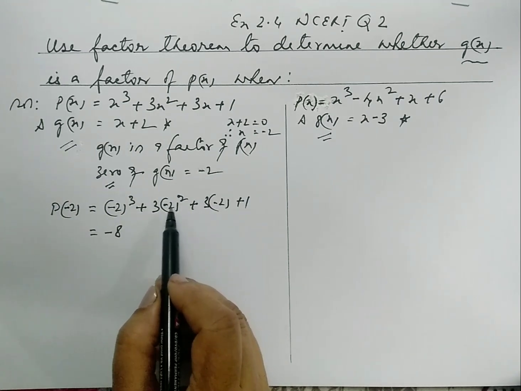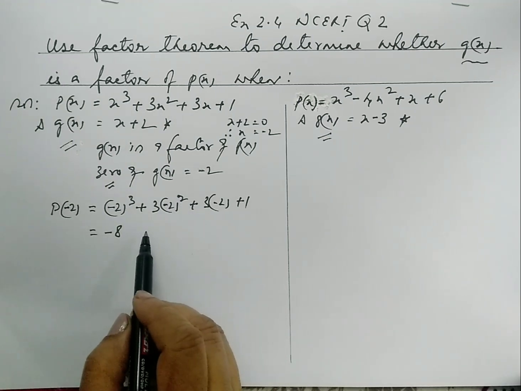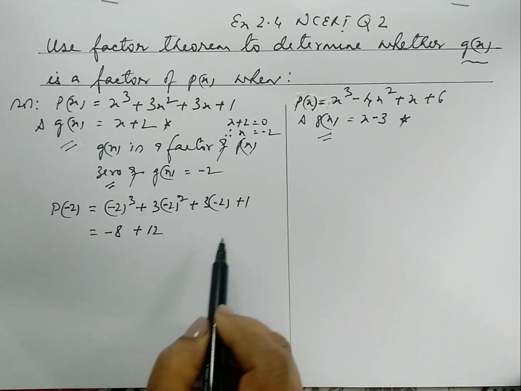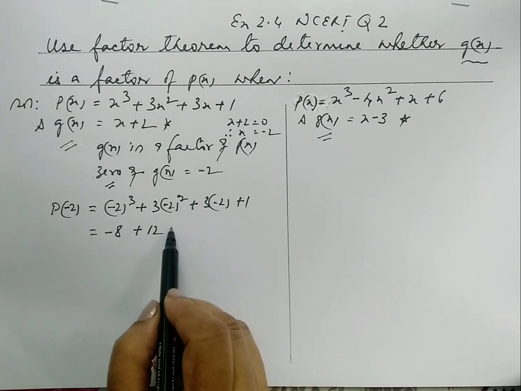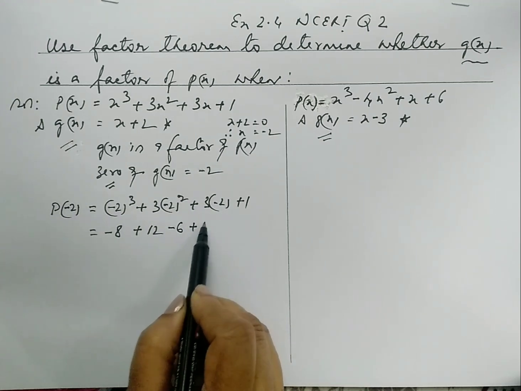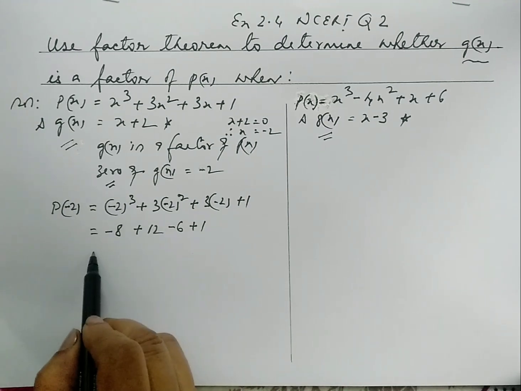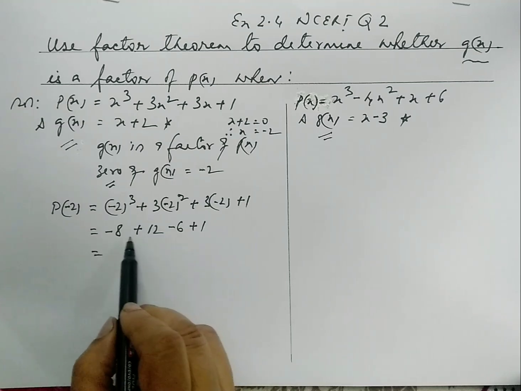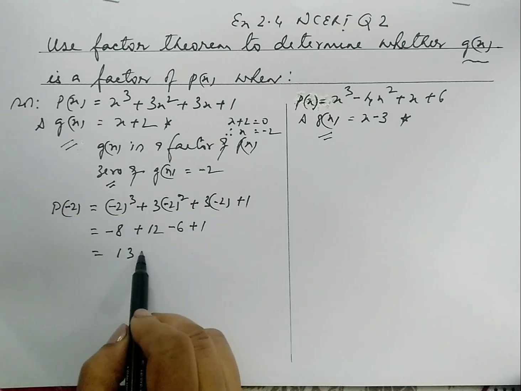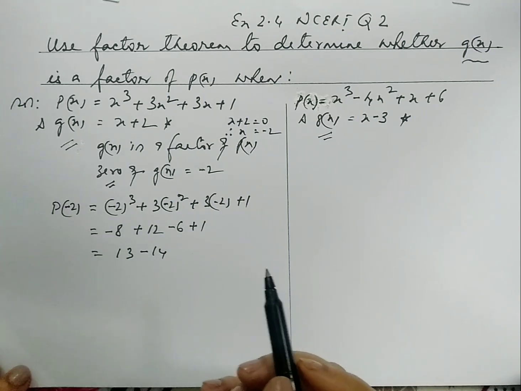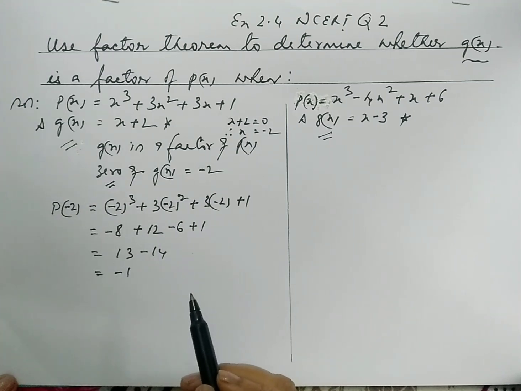Here minus 2 into minus 2 is a positive 4, into 3 is what? Plus 12. Here plus 3 multiplied by minus 2 will give me a minus 6, and plus 1. So if we count 12 plus 1, that is 13. But minus 8 and minus 6 sum up to minus 14. Which means that this is equal to minus 1.